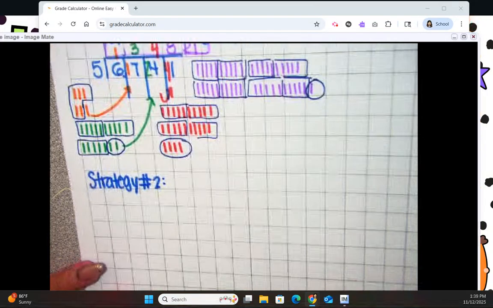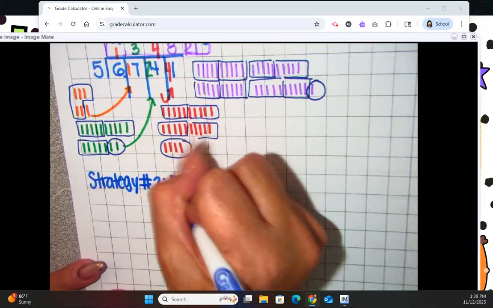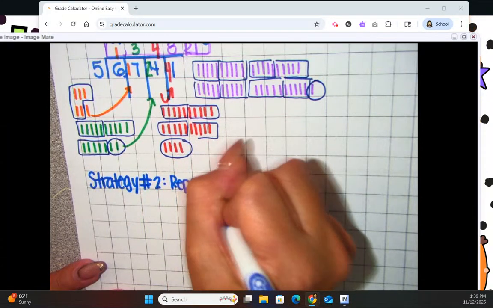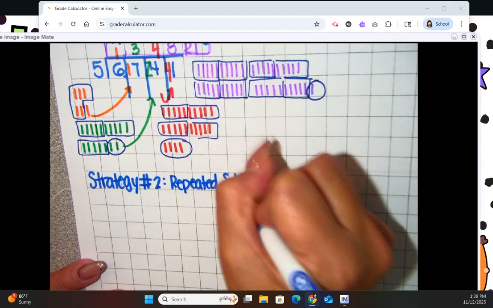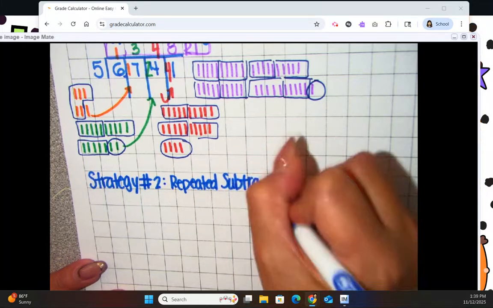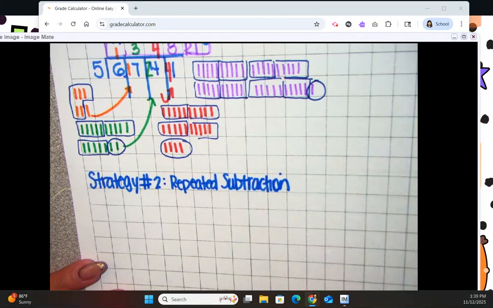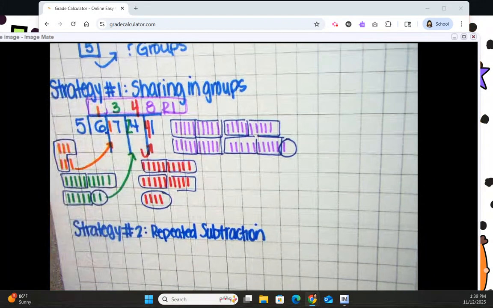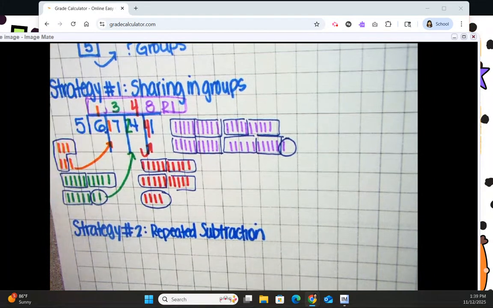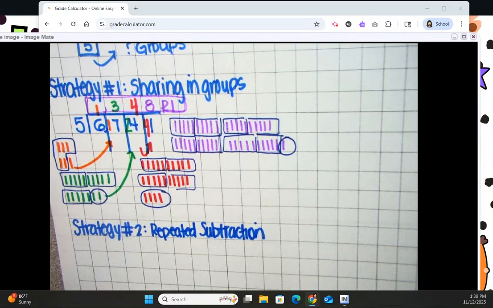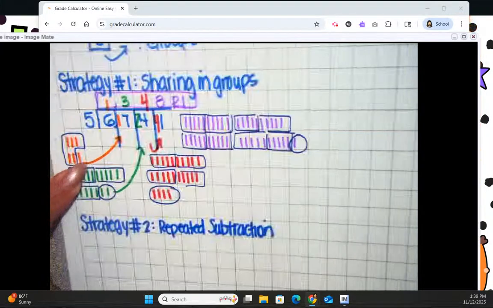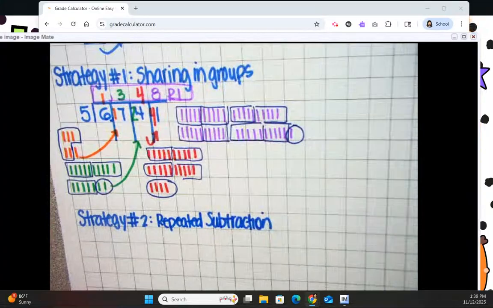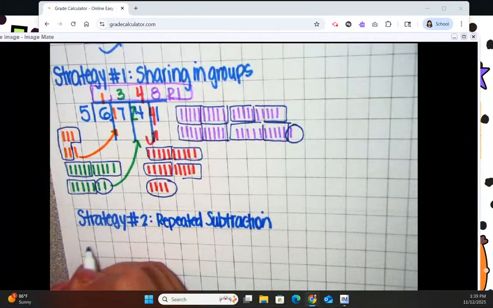Strategy number 2 was repeated subtraction. So repeated subtraction is the exact same thing that we did here, except that now I'm not using sticks. Now I'm using the number that is in the group. So instead of making groups of 5, I am subtracting 5s.